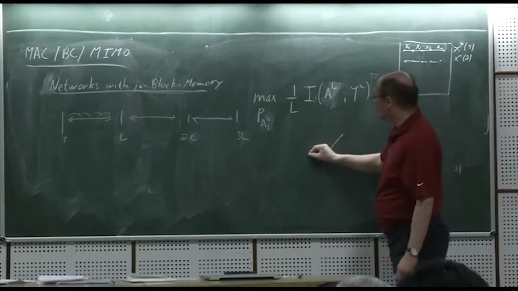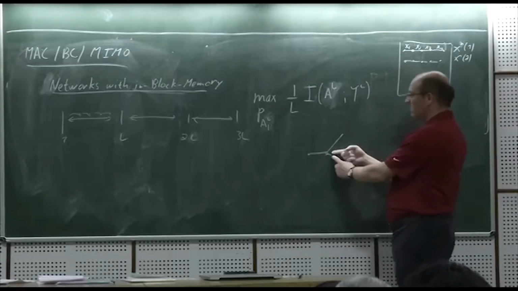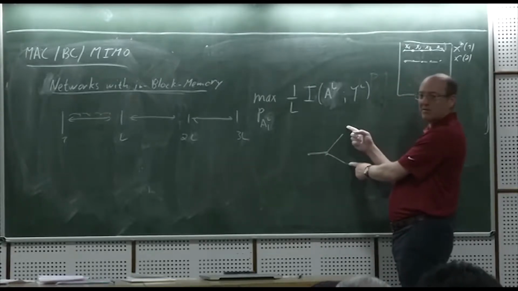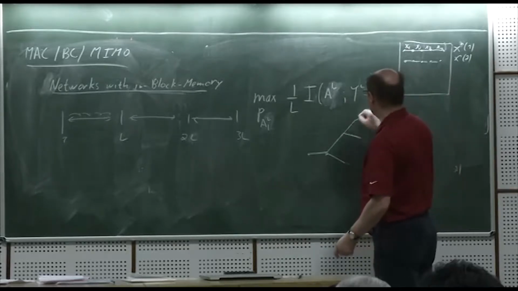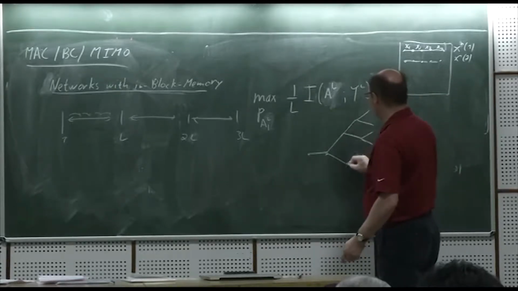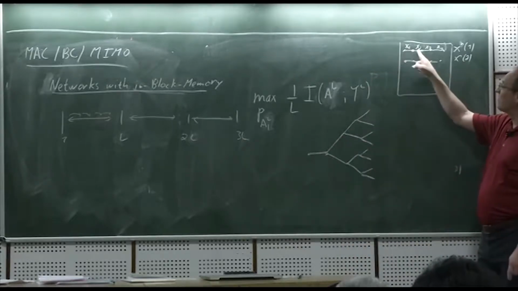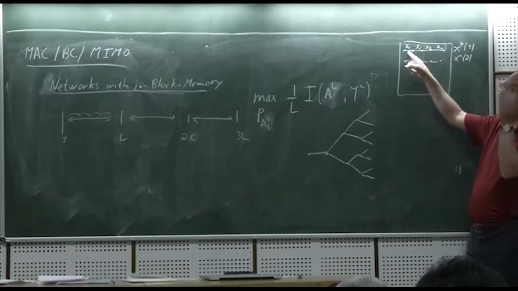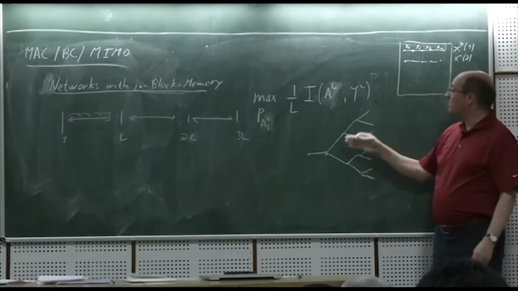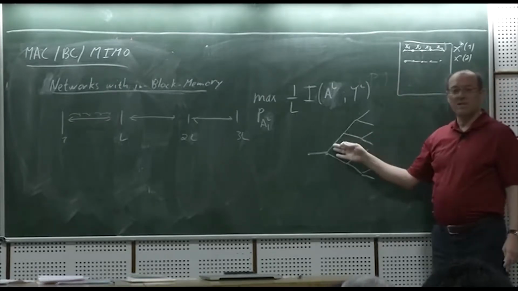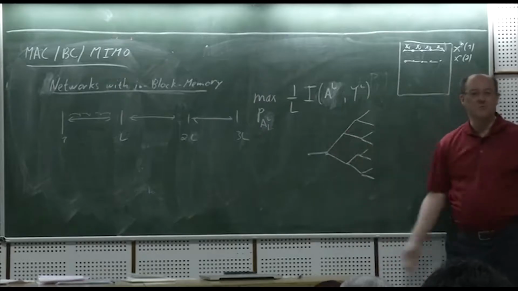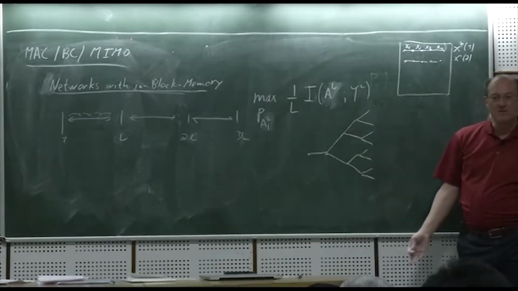This is the tree, and it's a binary tree if the feedback is binary. So it's just a tree of depth 4. Every one of these edges is labeled, just like here, 0, 1, or 0, 1, 2, 3 if it's quaternary. So you replace every one of these lines with a tree, and then you have to do random coding over those trees and do typicality coding.